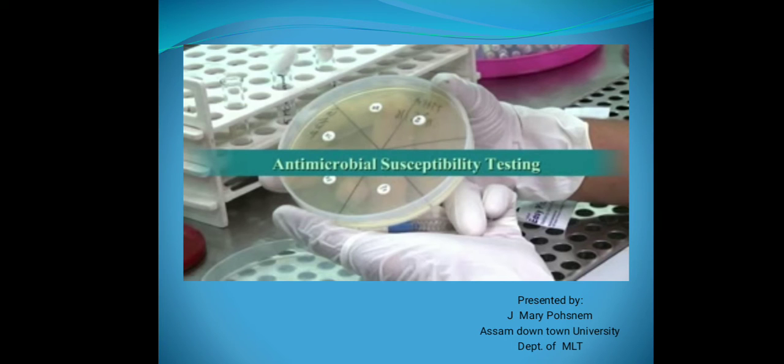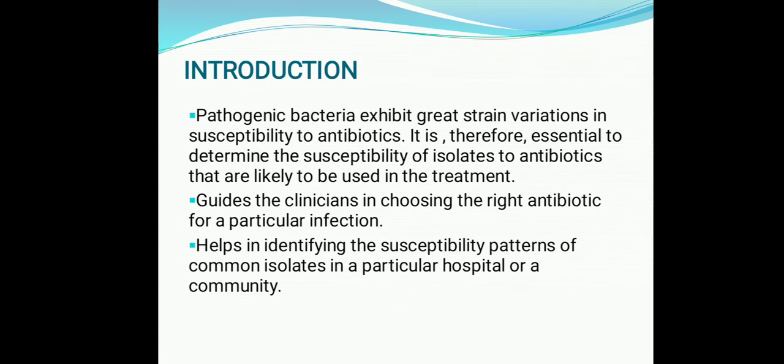Then high potency discs are used that may be placed on the agar with a mechanical dispenser or with the help of sterile forceps. To secure the disc to the medium, it is necessary to press it down onto the agar. Later we will discuss the procedure properly. After 16 to 18 hours of incubation, the plates are examined and the diameters of the zones are measured to the nearest millimeter. Okay, so that's for AST.